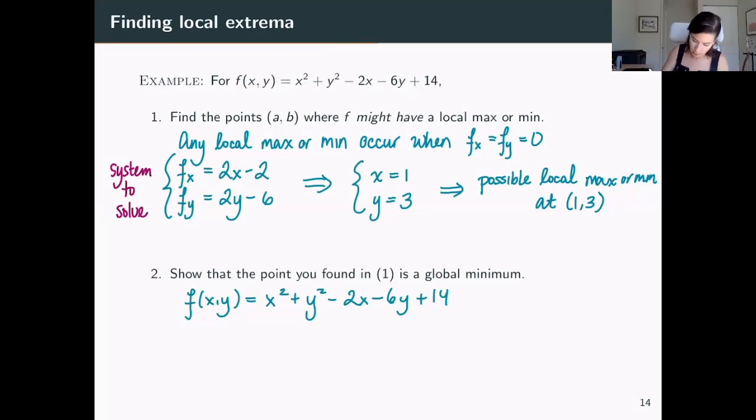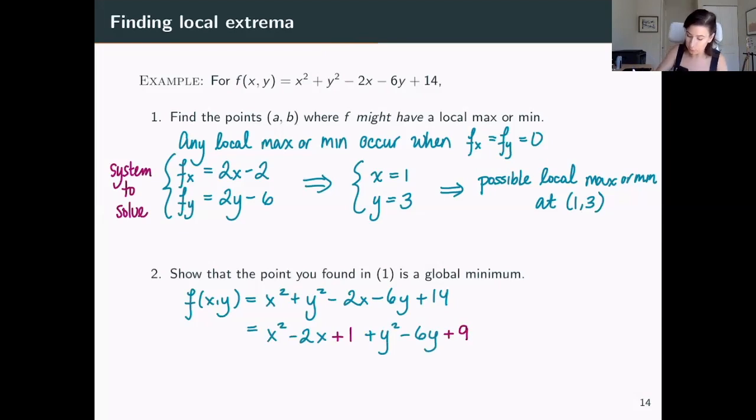So here we can move the terms in this polynomial around so that we get x squared minus 2x plus y squared minus 6y. And completing the square in both of these cases, we need to add a 1 to our polynomial in x, and we're going to have to add a 9 to our polynomial in y.